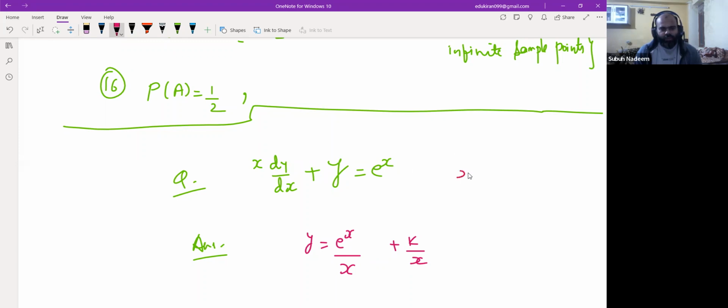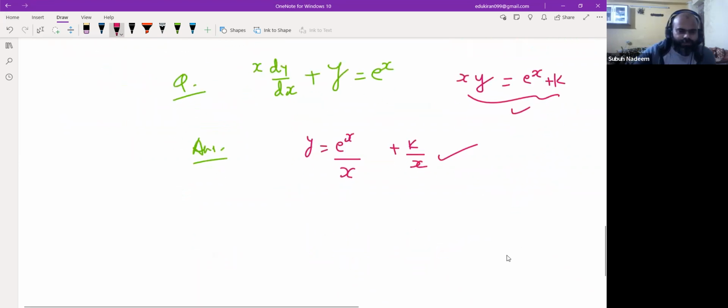So here you will get y into integrating factor, which is equal to e to the power x plus c. I don't think this is okay. X you will multiply there also, and in that case it will be e to the power x plus k. Yeah, this is fine.